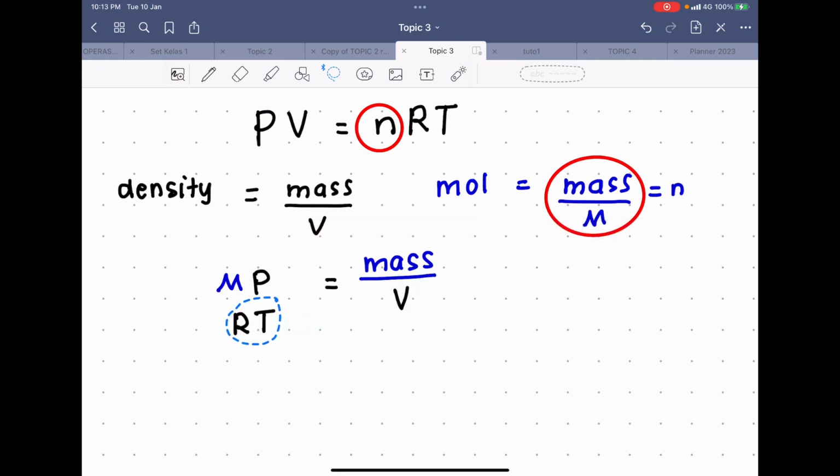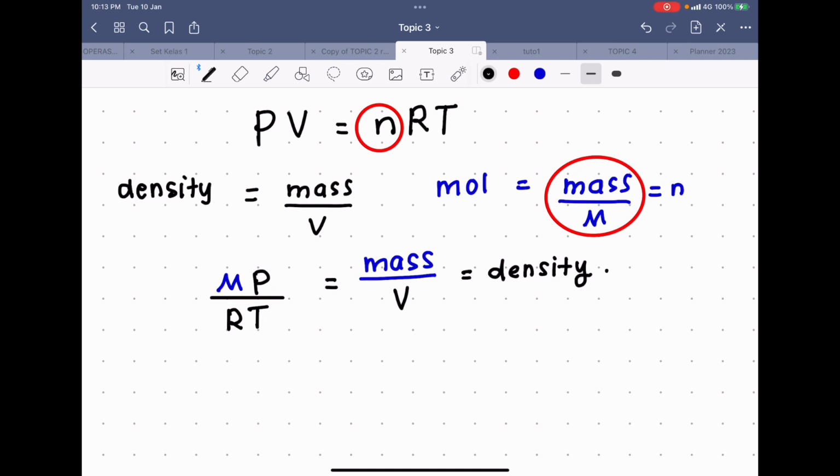Multiplication becomes division, so it becomes molar mass times P over RT. Can you see mass over volume? This is our density. So whenever you have molar mass, pressure, the constant, and temperature, you can calculate the density of a gas.